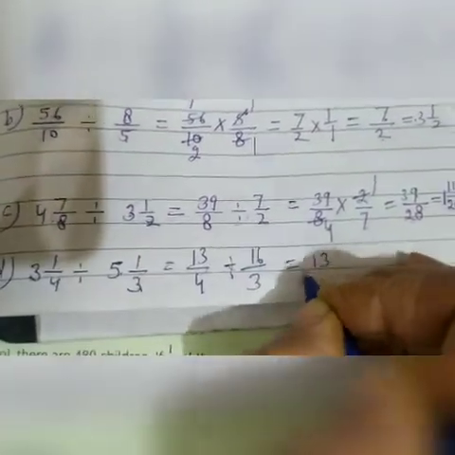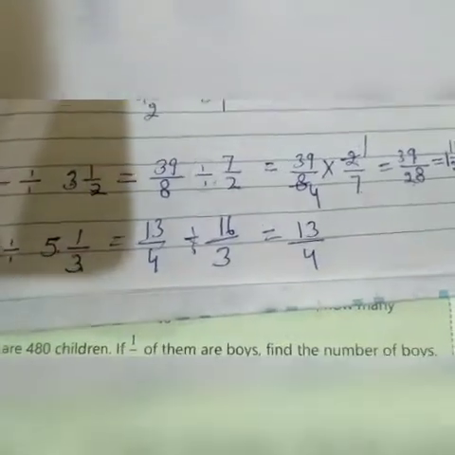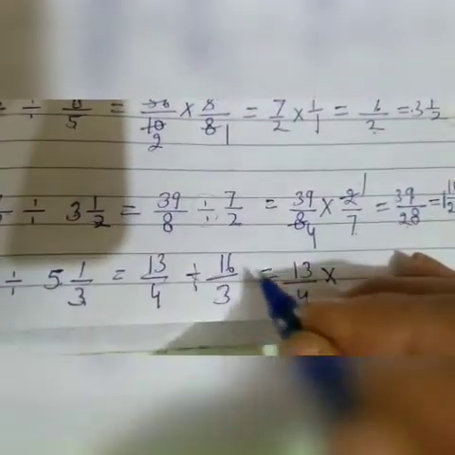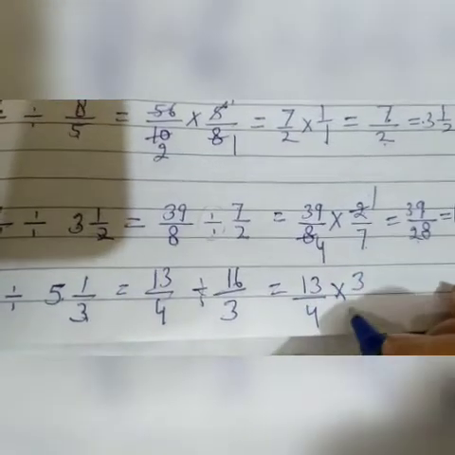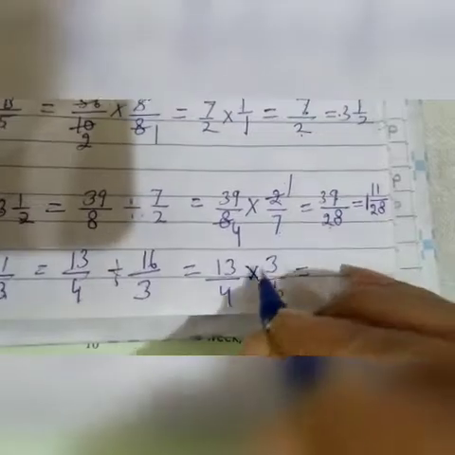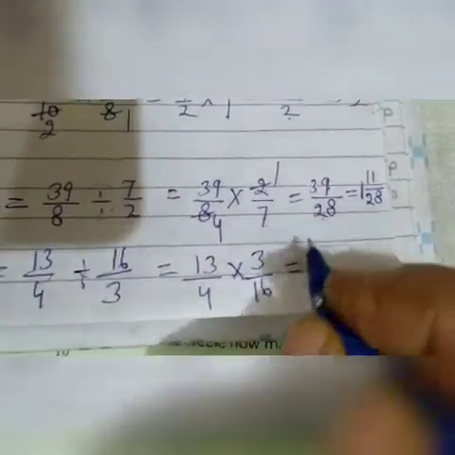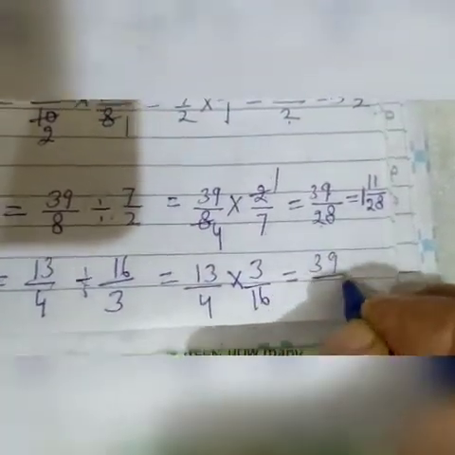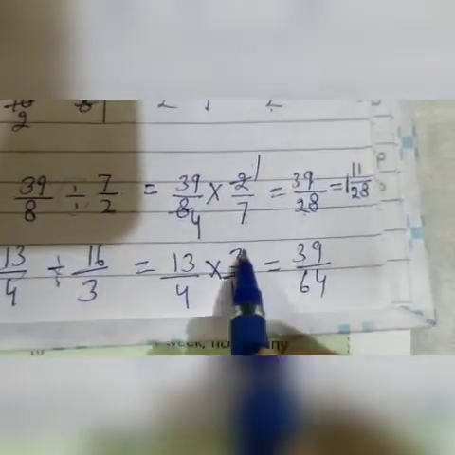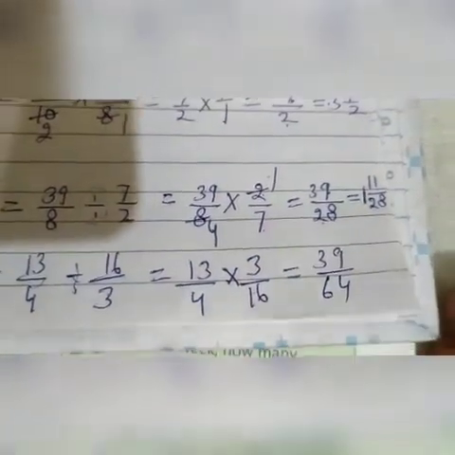Now 13 upon 4. Change this divide into multiply, then it will be 3 upon 16. No simplification possible, so we will multiply. 13 threes are 39 upon 16 fours are 64. Here we cannot simplify any number.